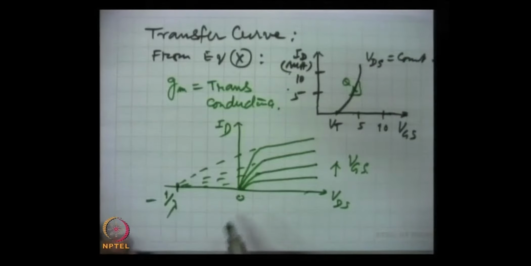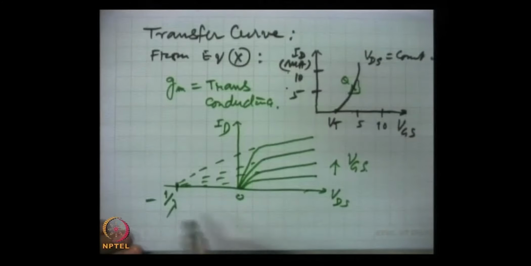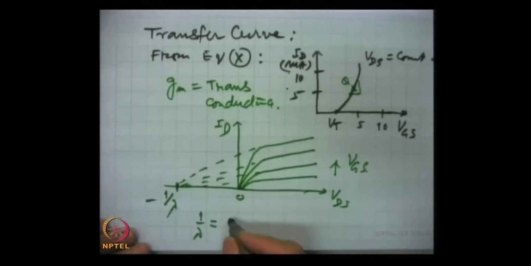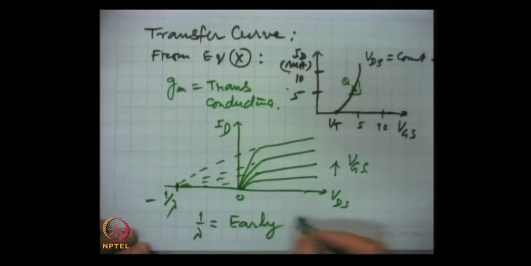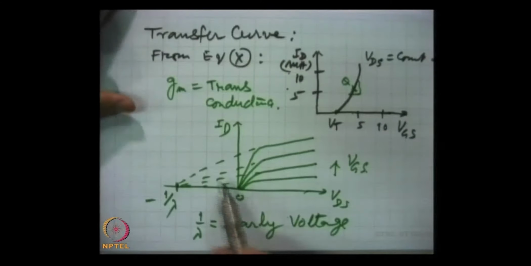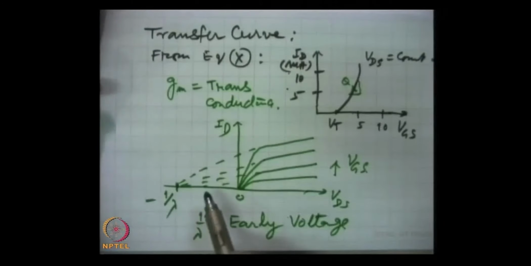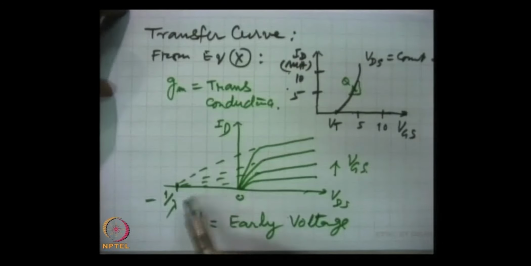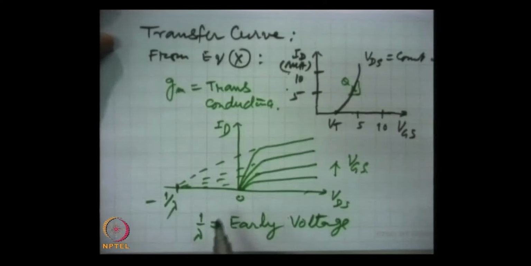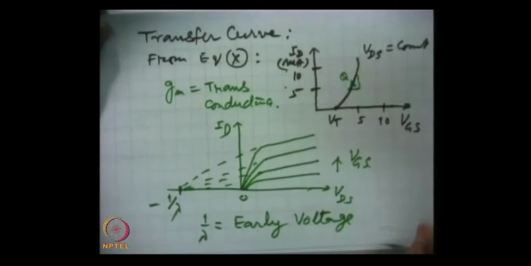This 1 by lambda is called the Early voltage. Early is the name of the scientist. This is equivalent to channel width modulation, which is almost like base width modulation in a BJT.